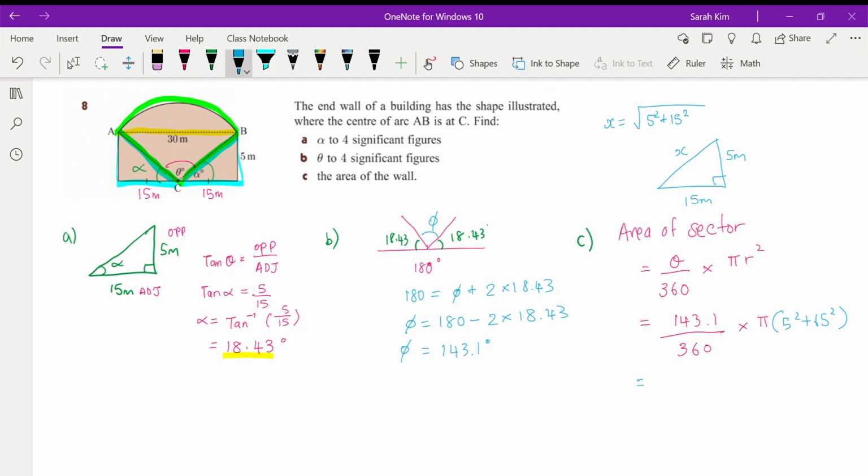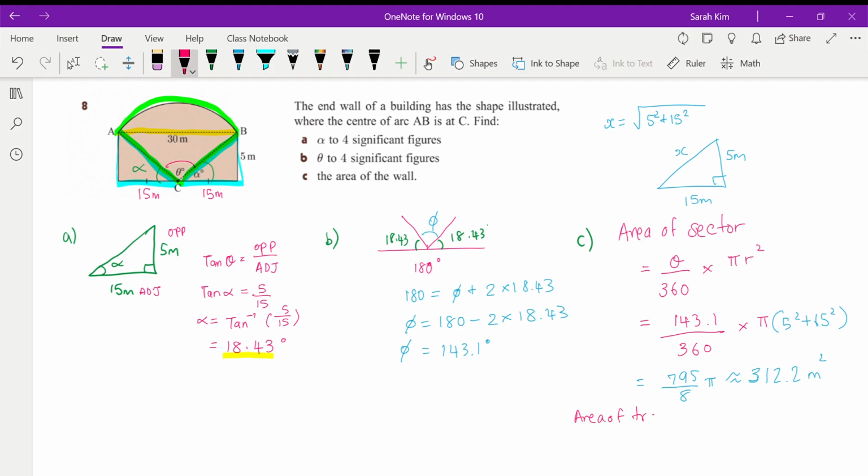If I put that in the calculator, I get my exact value of 795 over 8 pi, approximately 312.2 metres squared, and I just have to find the area of the triangles.